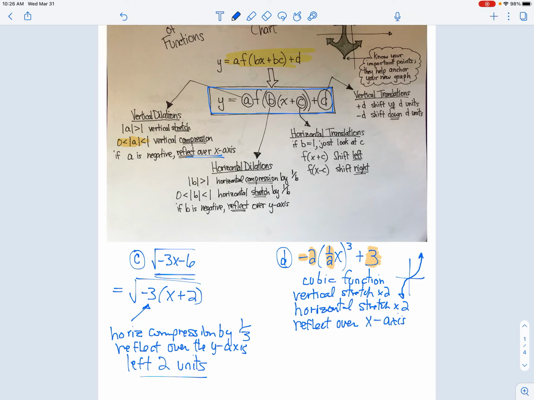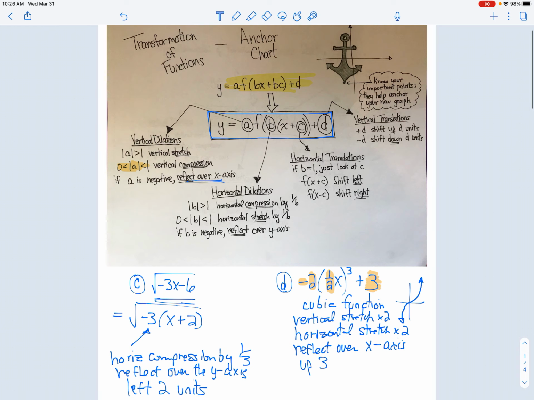And there is a translation up 3 for this function. Now again, finding the important points is another skill to graph them, but the best place to start is the analysis of what is happening when you see these changes.